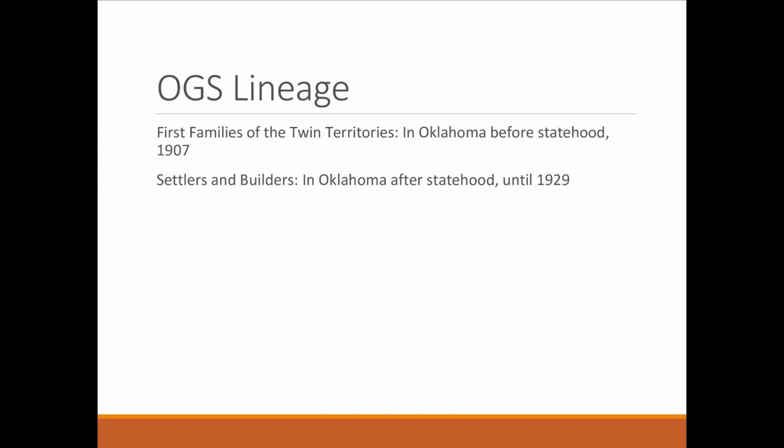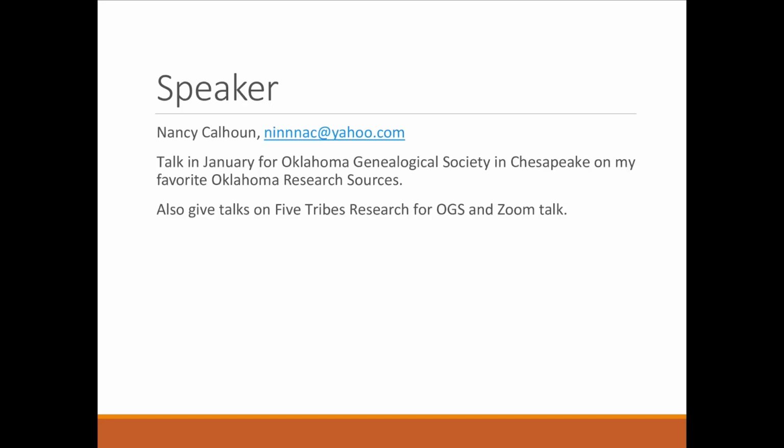And so all of them are in First Families of the Twin Territories, except my mother, who wasn't born until 1917, and she had to settle for Settlers and Builders. And you get certificates for both of these. And with the First Families, you get a really nice pin, and you get the bragging rights, saying you're a member of the First Families of the Twin Territories.